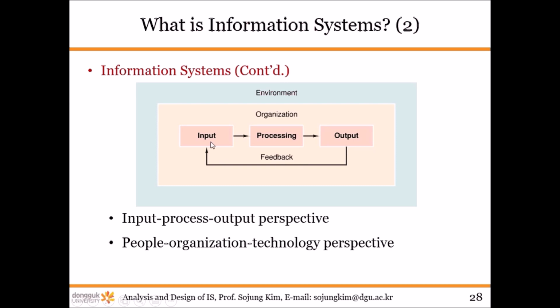So you have another input. So there is a feedback loop to enhance the system. Anyway, there are two perspectives: input, process, output, and people, organization, technology. But all these things are saying the same thing.